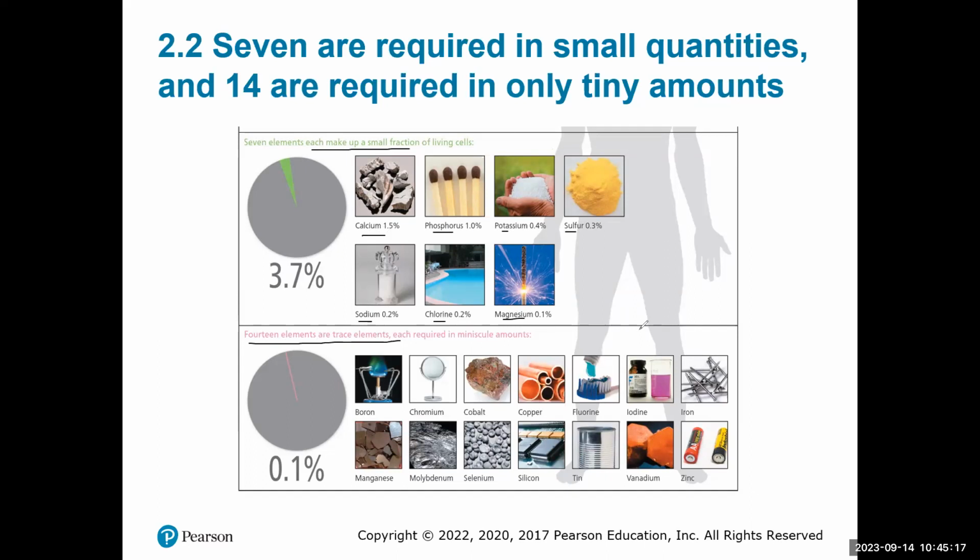You have to have them to live, but they're required in tiny amounts. So understand that there are ones in small amounts and others considered trace, but you don't have to memorize all of these and where they fit in. Just know the basic concepts.